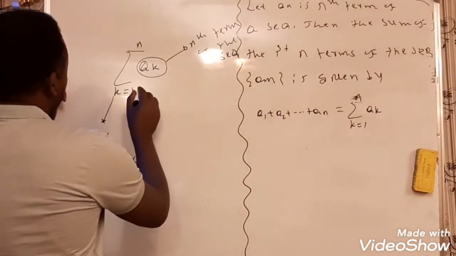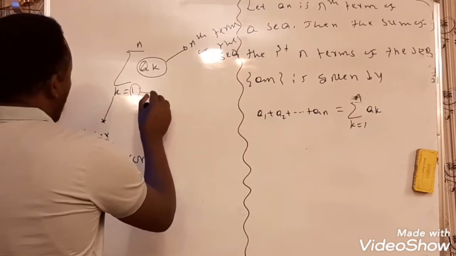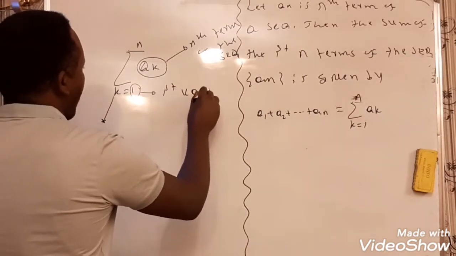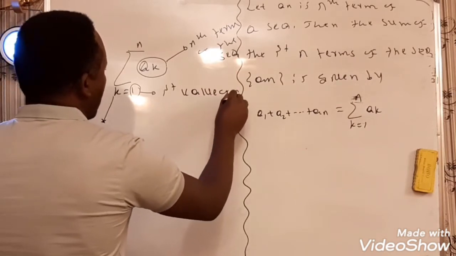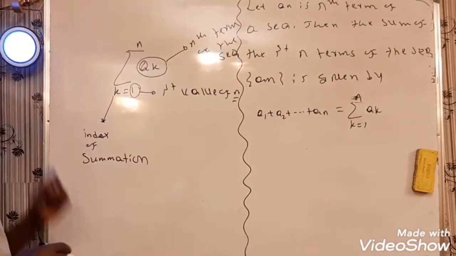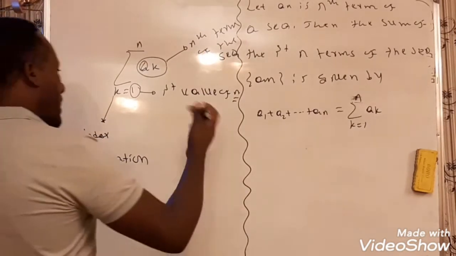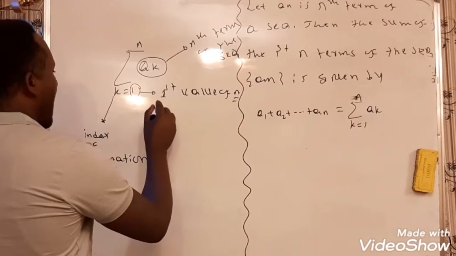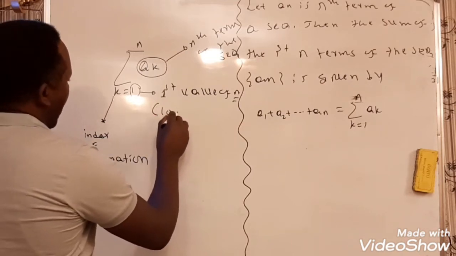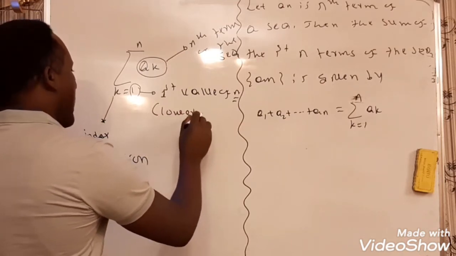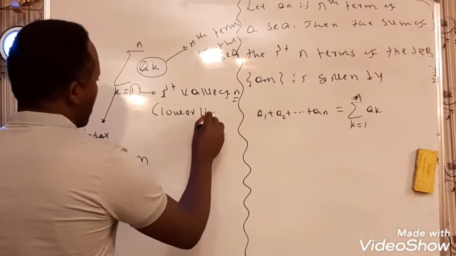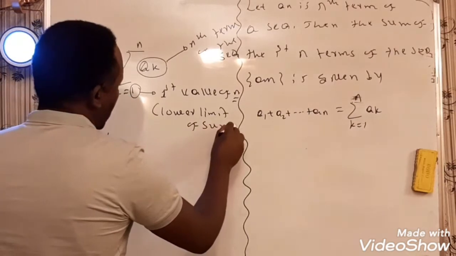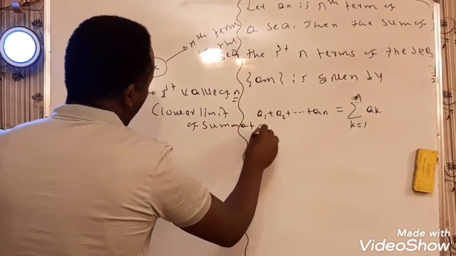And 1, this number, refers to the first value of k. In other words, we call this the lower limit of summation.